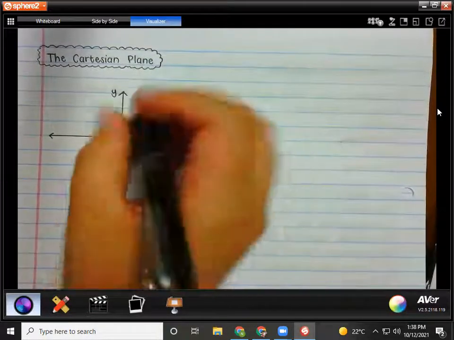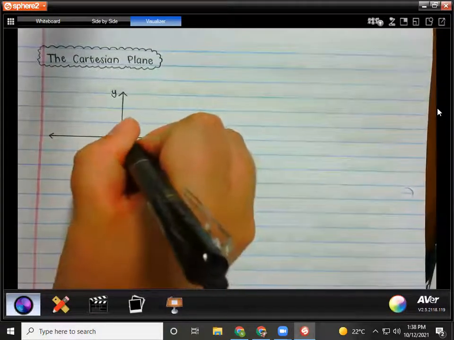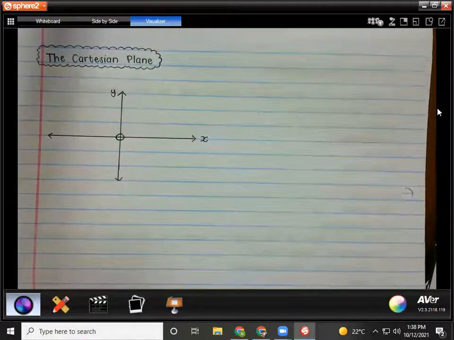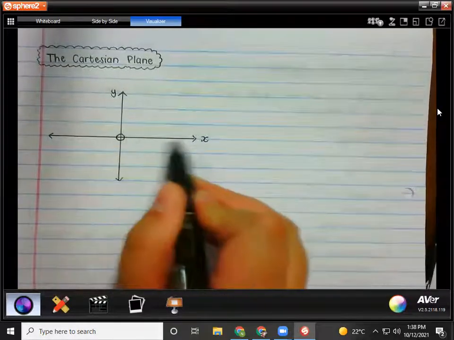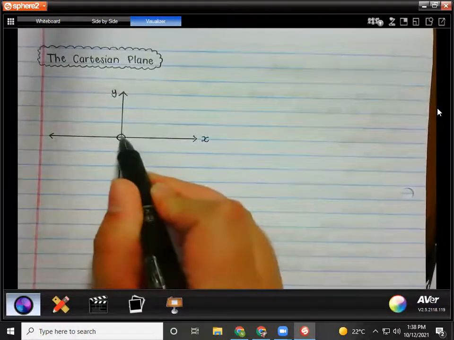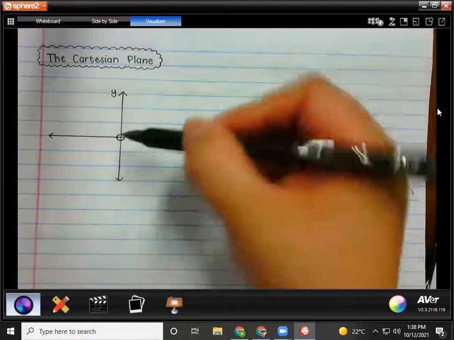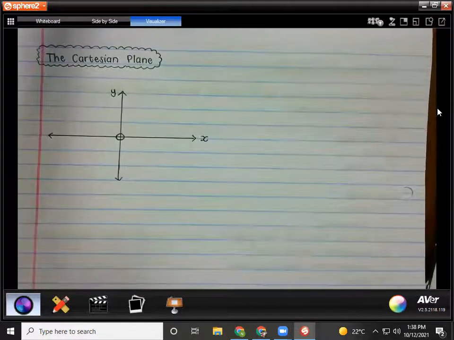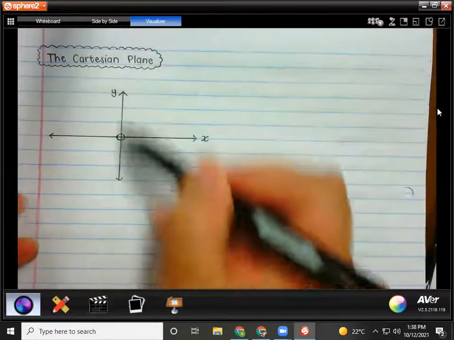So we always draw a big 0, I suppose a circle, it doesn't really matter, around that point. That is indicating that that point is 0 on the x-axis, or on this number line, and it is also 0 on the y-axis. The y-axis is a vertical number line. We never work with number lines going vertically up, but that is actually what it is.